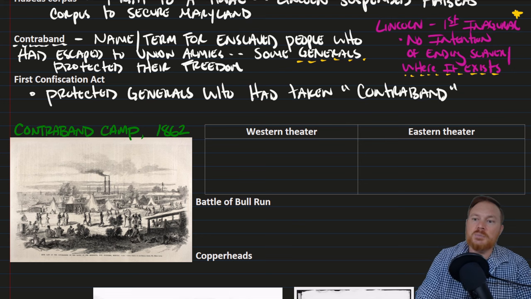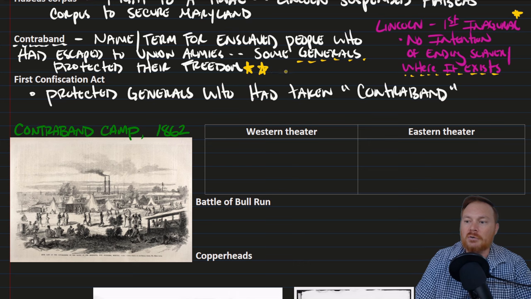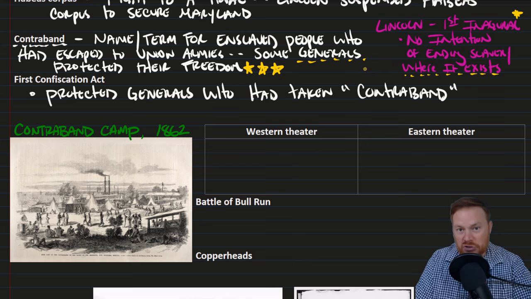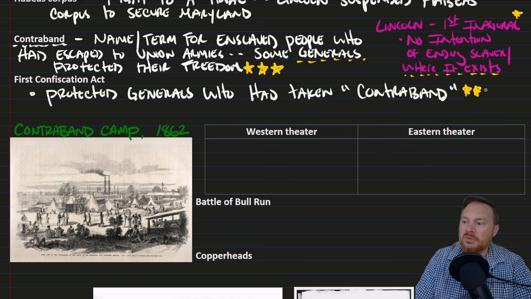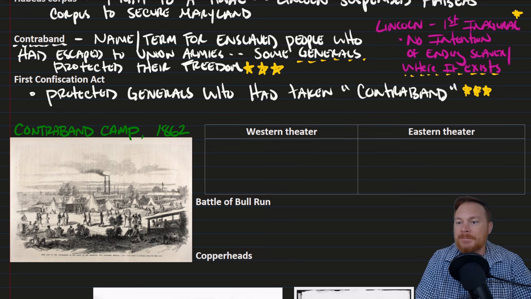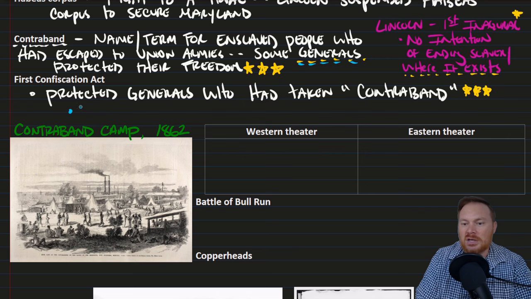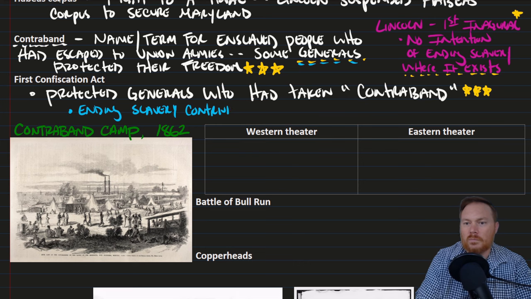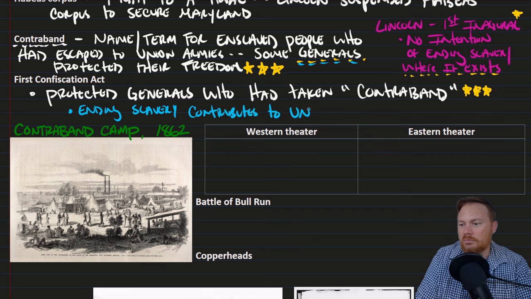And one of the reasons is because there was a reality happening on the ground that U.S. or Union generals were effectively ending slavery wherever they went, and Congress had issued protections for those Union generals that did. And at least from the perspective of the generals, they would say that ending slavery contributes to Union victory, right?